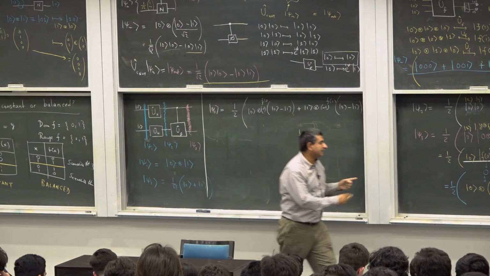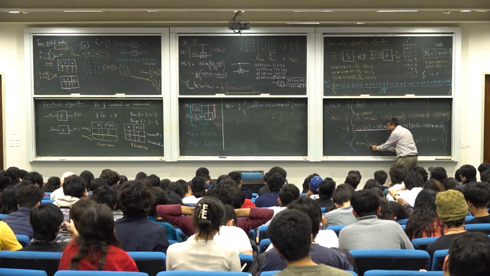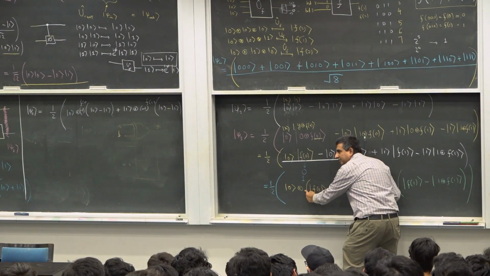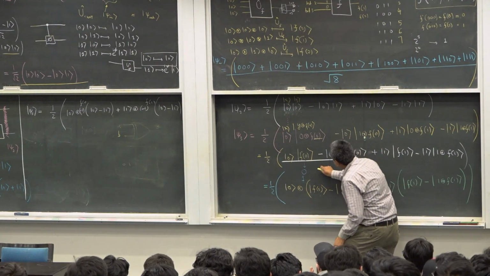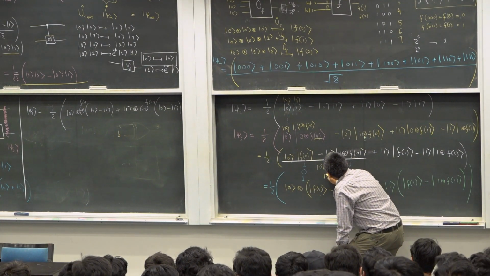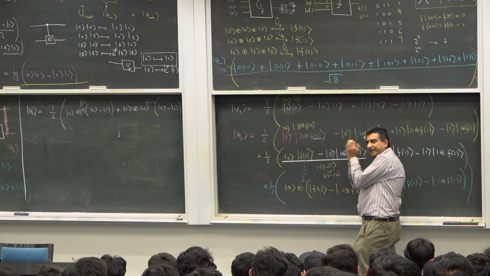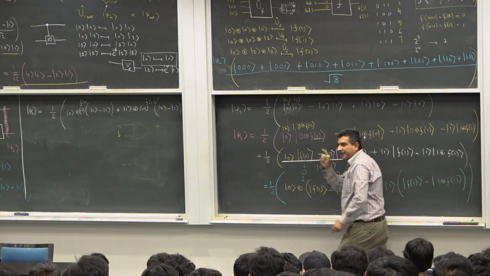So depending upon this value f of 0, if this were 0, you would get ket 0 minus ket 1. And there's a positive sign here. So depending upon the value of f of 0, you either get ket 0 minus 1 or ket 1 minus 0. And these two terms are just related by the minus sign. That minus sign, whether you apply it or not, is determined by f of 0.